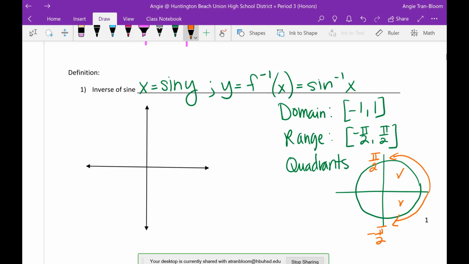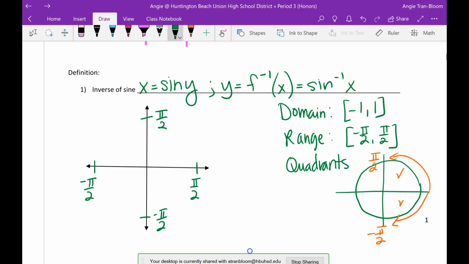So now let's graph out that cutoff piece. The cutoff piece was only from negative pi over 2 all the way to pi over 2. So when I switch them, that's the max I'm going to go. And there's a 1 somewhere. Half of that is pi over 4, but I don't need pi over 4 for sine. For 1, where would I put the tick mark? How far out?